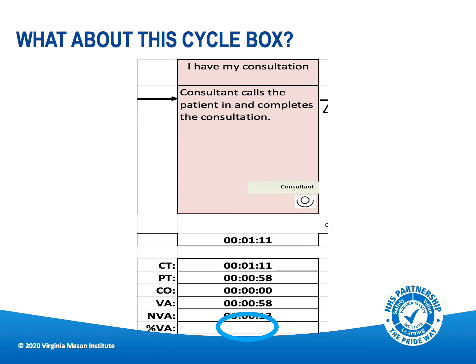To work out the percentage, divide 58 by the total time of 71 seconds, which gives us 0.816. Multiply this by 100 to get 81.6, which will then round up to 82% value added. This means that 18% of the total time was not value added.